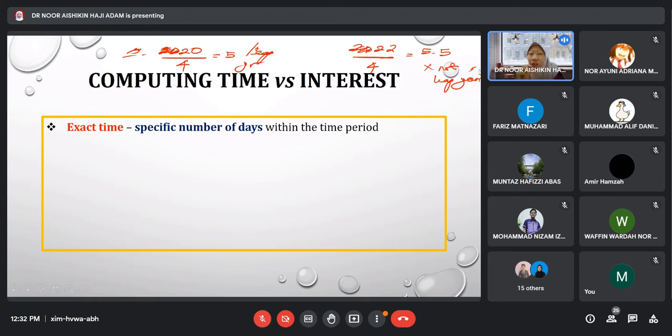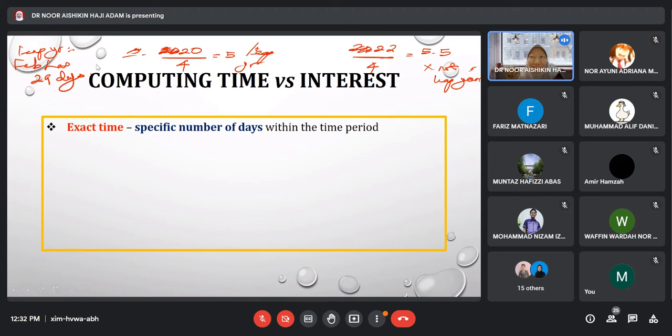It matters that you consider whether the year is a leap year or not, because in a leap year, what happens to the month of February? February ni special sikit. We have 29 days. So kalau leap year, February has 29 days.